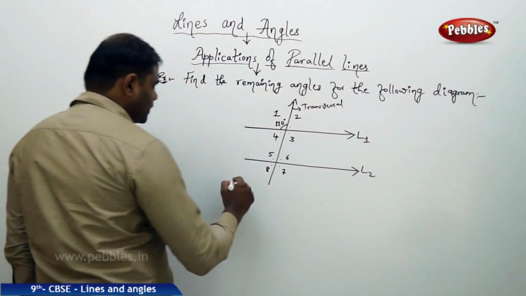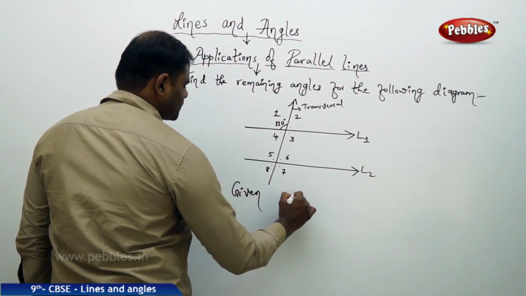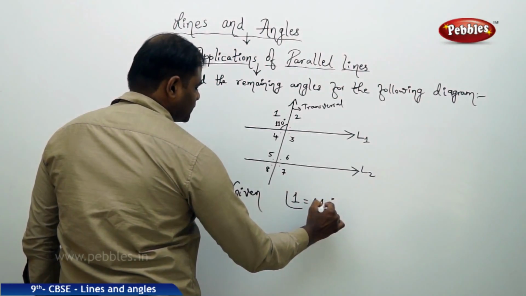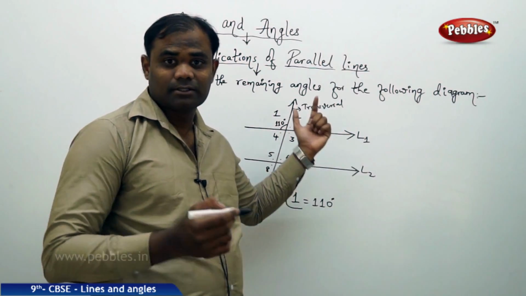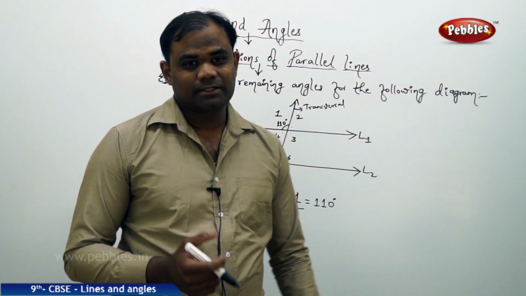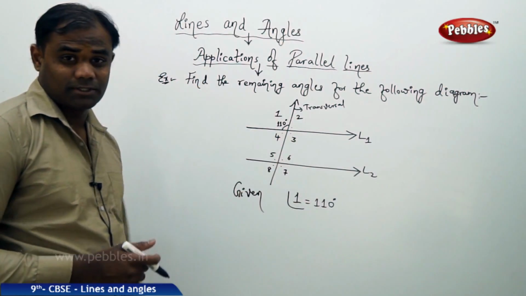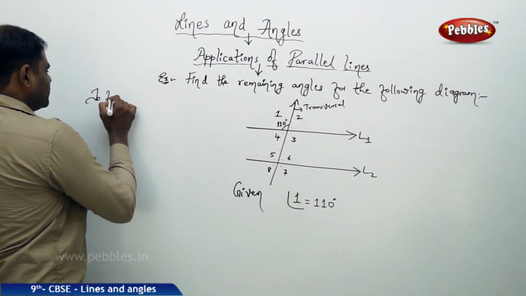So here it is given angle 1 is equal to 110 degrees. Given that angle 1 is 110 degrees, let's find first angle 2.